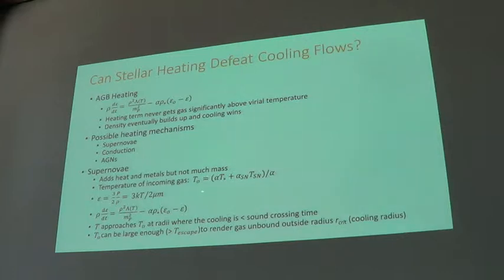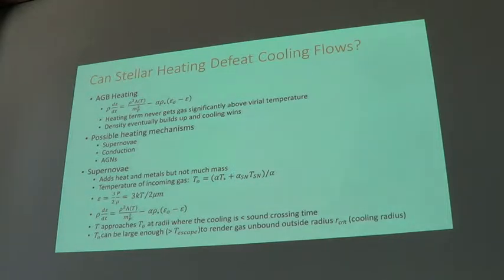So now the temperature of the incoming gas can be represented by that stellar velocity dispersion temperature plus the heating you get from supernovae. And then if you didn't have radiative cooling, that would approach a new temperature. If that temperature were greater than the escape temperature, then the gas is rendered unbound as a wind.